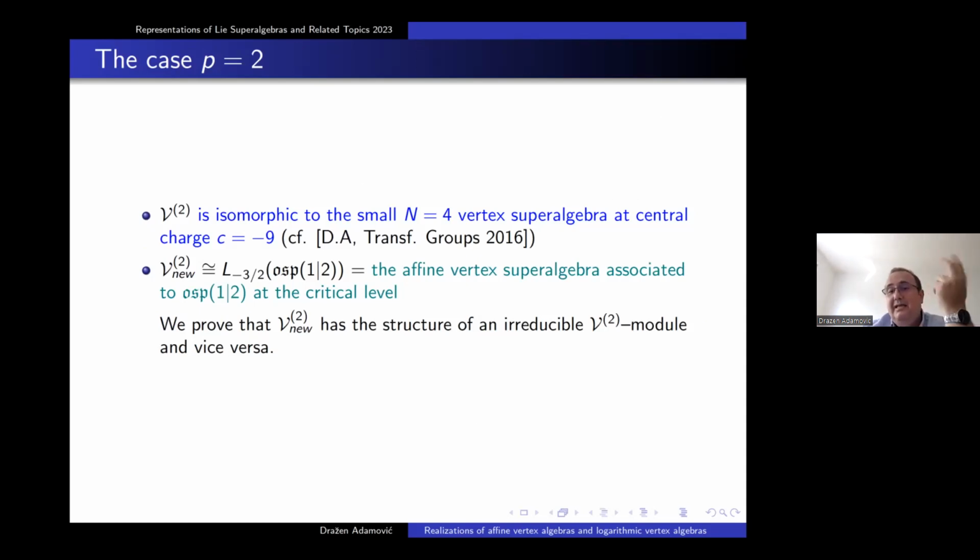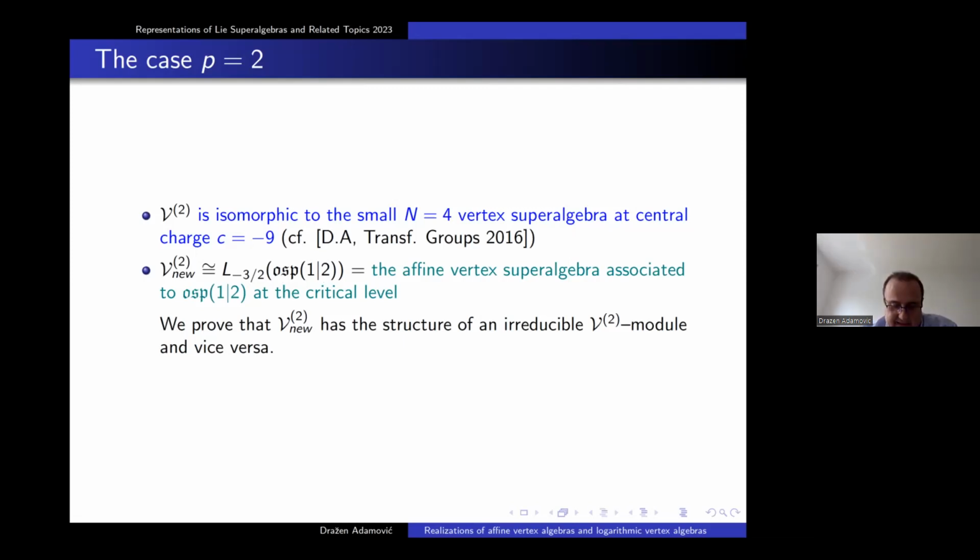We can now completely understand this branching rule, which was not known before, but for us it's most important to find this connection between N equals 4 and this OSP at the critical level.